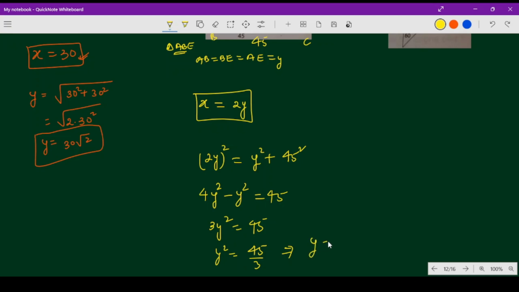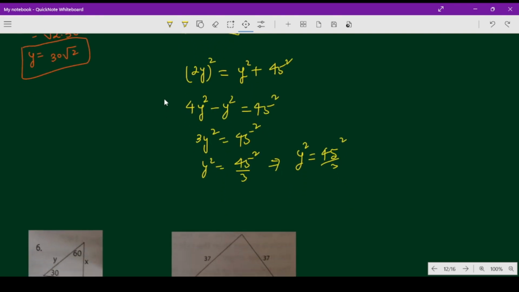So y square is equal to 45 square by 3. So we need to solve this for y.